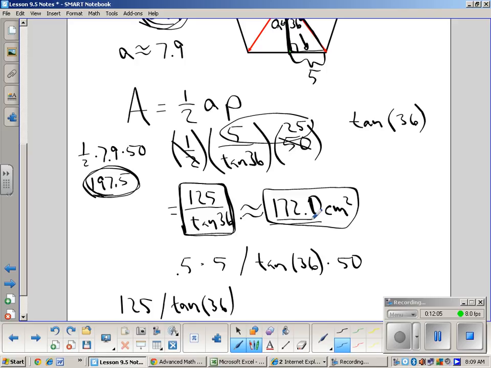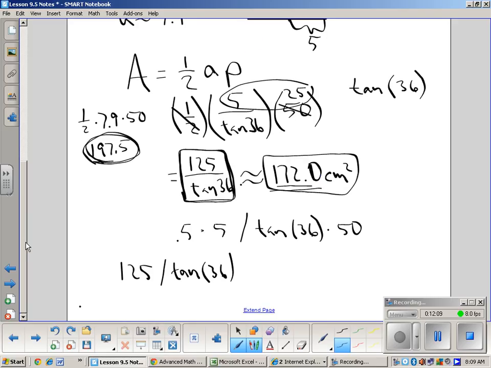And so that's why I tell you, do not round in the middle. You only round at the end. And now that we're getting a little more involved in using trig, we're sometimes going to get some messy looking problems. So you have to carry it out until it's the final answer, and then you can round.